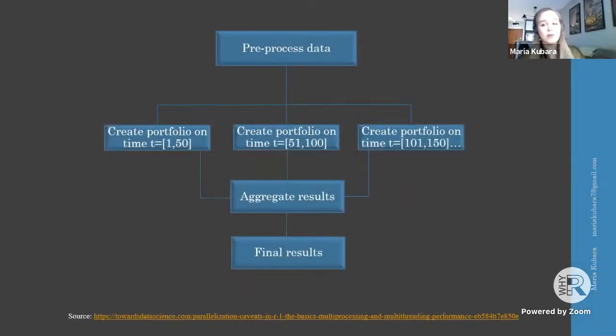So about the workflow. As you can see, you have the toy example with some research project, right? So you just start with pre-processing data, then dividing into subsamples, where you are doing basically the same thing all over again, but with different subsamples. Then you aggregate them and get the final outcome.